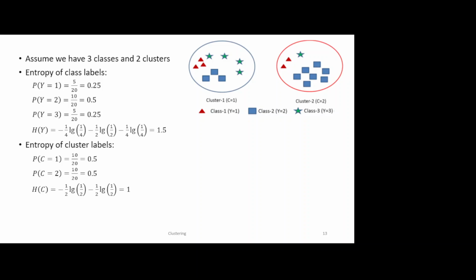That's why we use this idea, information theory, to measure the cluster performance. If your cluster contains all the same class labels, then entropy will be just 0, very low. And low entropy means your performance is good, because they are pure.